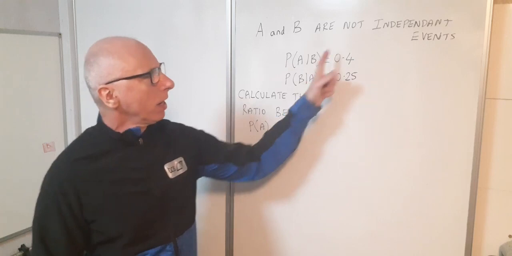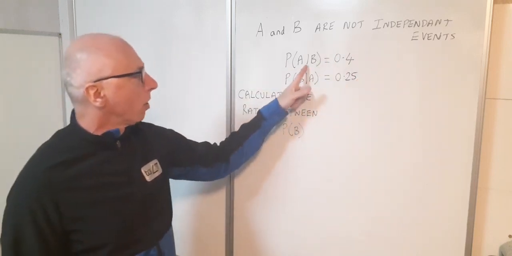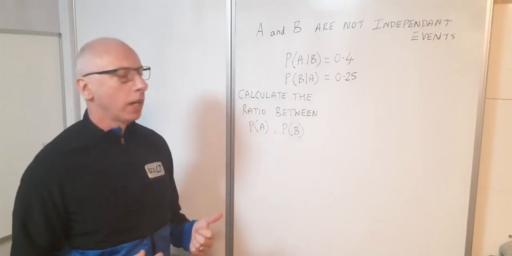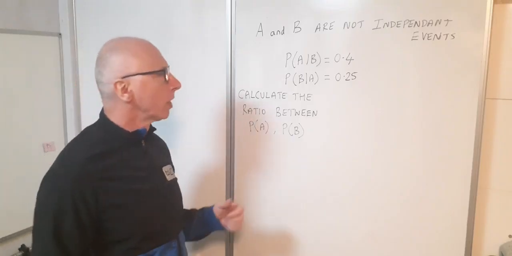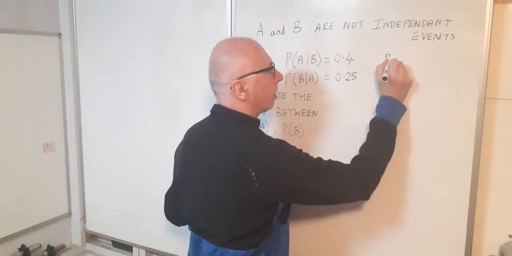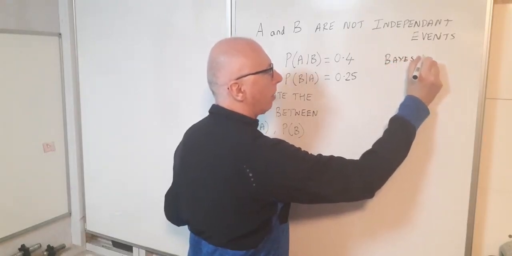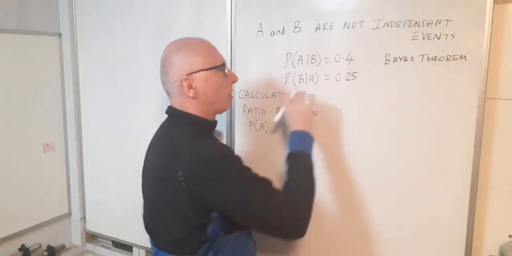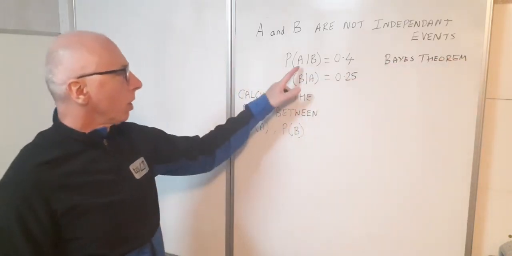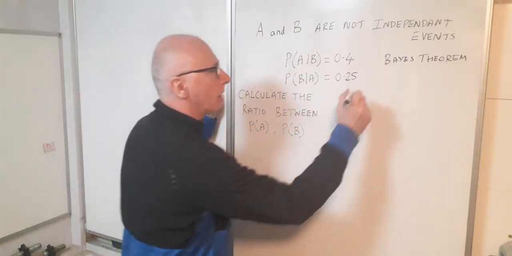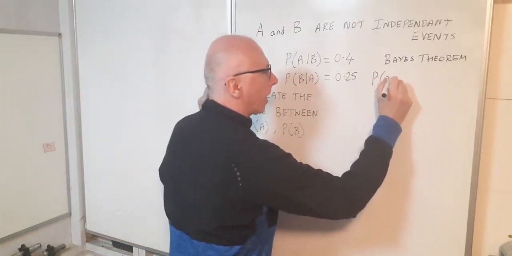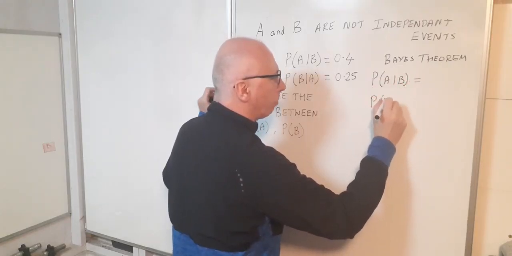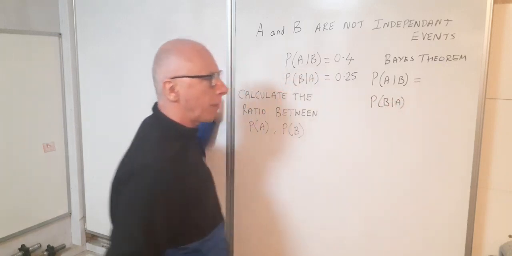So they're not independent events, and we've got conditional probabilities. So what we could use here is Bayes' Theorem, which consists of a formula for us to use given these two bits of information. So if I write these two out separately, I have the probability of A given B has already happened, and the probability of B given A has already happened.